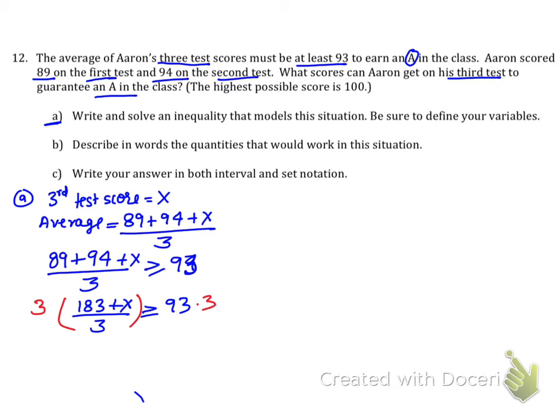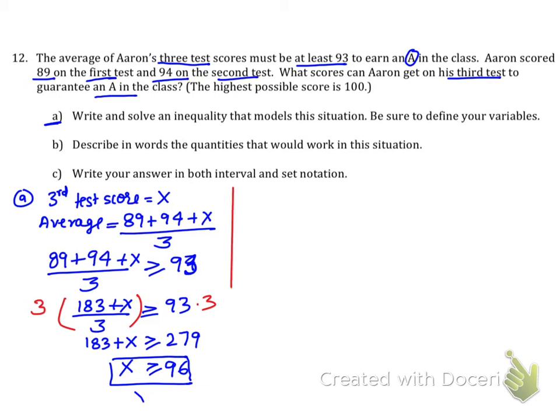That will give me 183 plus x is greater than or equal to 93 times 3, and that's 279. After that I have to subtract 183 from both sides. I get x is greater than or equal to 96. So it is telling me that he's supposed to score 96 or above. That seems to be the answer.